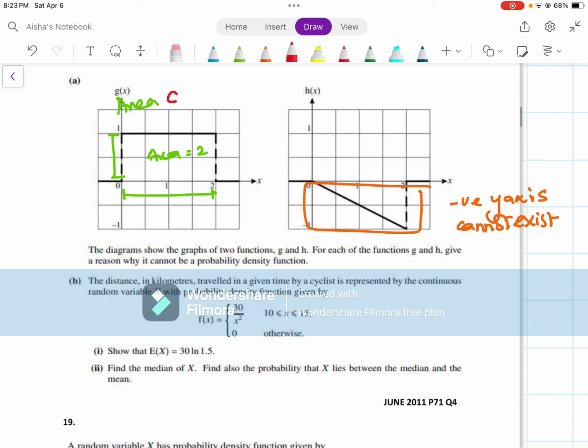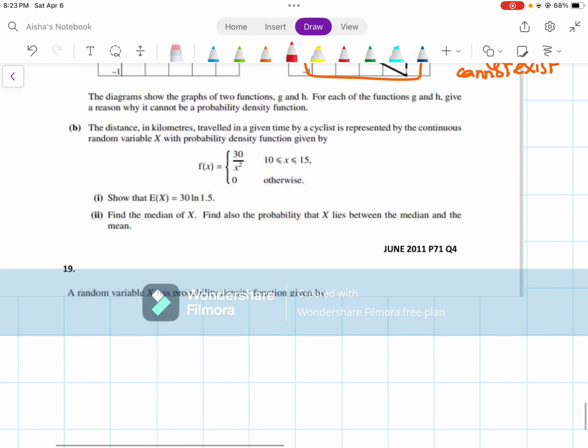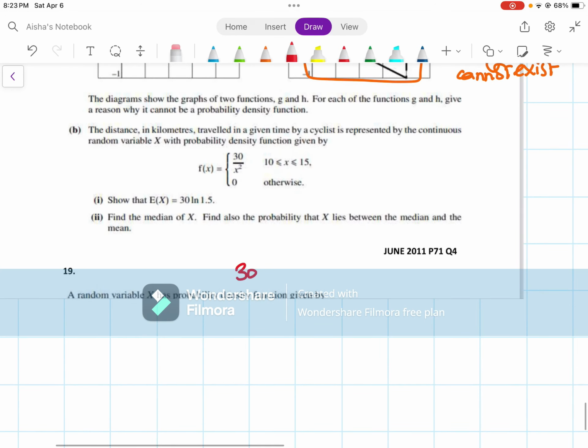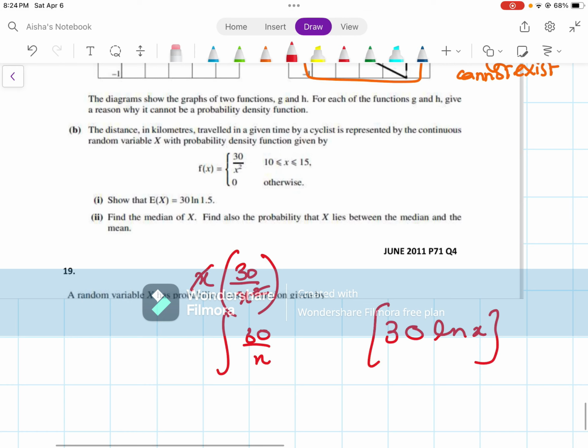Area cannot be more than 1. Now for expectation, you multiply it by x and then integrate it. So it becomes 30 ln x with the limit 15 and 10.